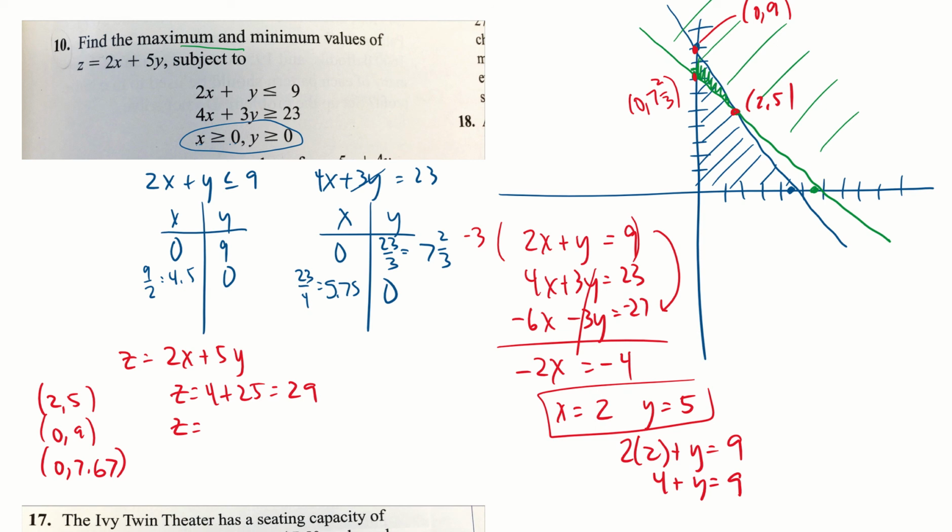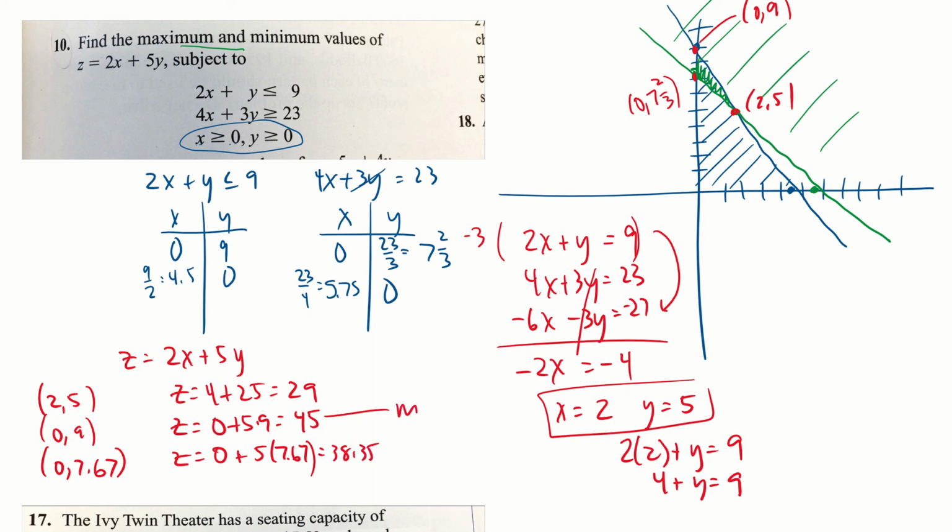Z equals 0 plus 5 times 9, which is 45. And here z equals 0 plus 5 times 7.67, which I will do on my calculator. 7.67 times 5, 38.35.